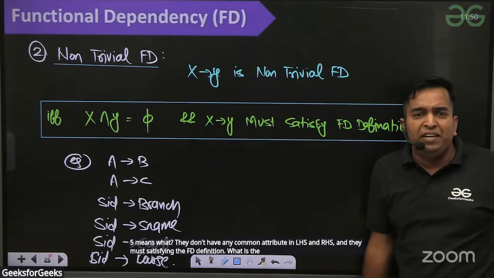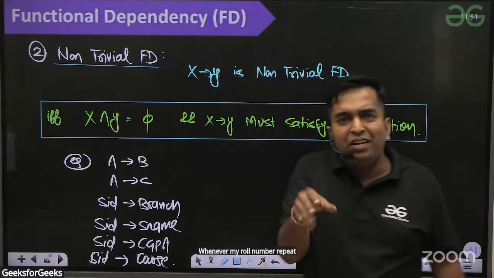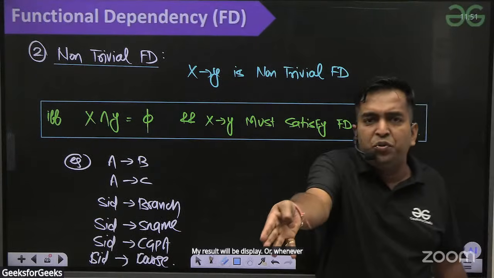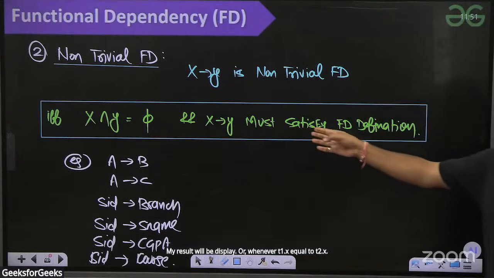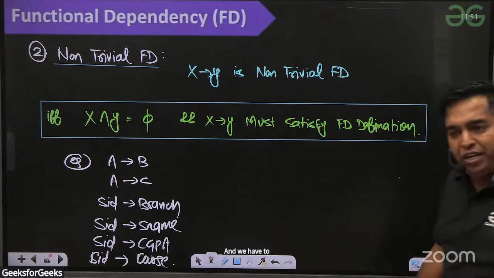What is the meaning of FD definition? Whenever my roll number repeats, my result will be the same, or whenever T1.X equals T2.X, then T1.Y equals T2.Y must be same. Crystal clear? And we have to focus on non-trivial FDs.